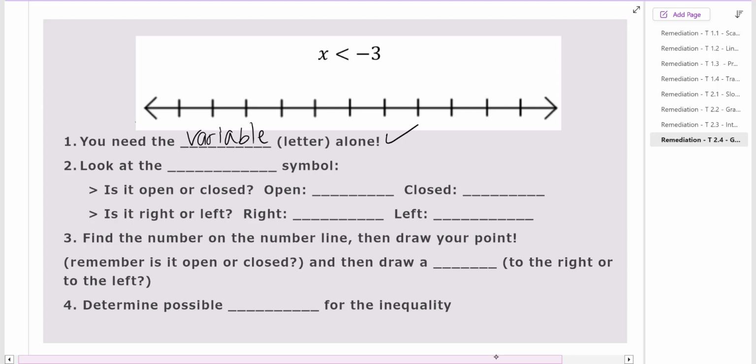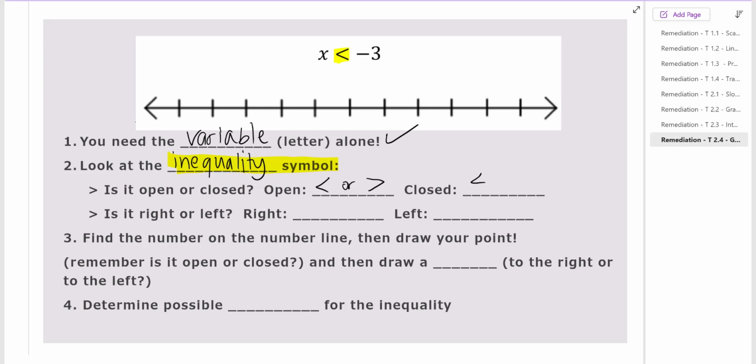Look at the inequality symbol. I'm going to highlight it. Okay, the inequality symbol is right here. Okay, is it open or closed? Open would be this or this. It's greater than or less than.